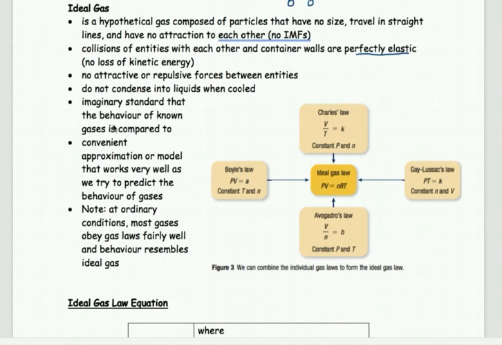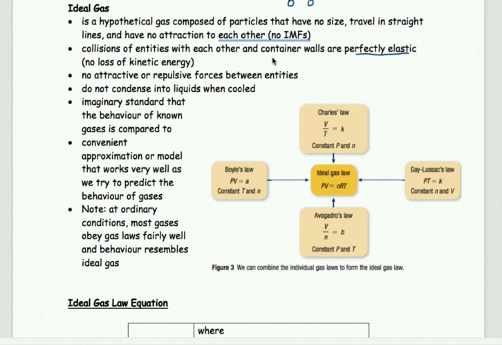It's going to be the standard condition that we're going to compare actual gases to. This imaginary gas works really well, because you can predict what gases will do using this model. It's a close approximation of how gases will actually behave, even though we're making it so that there's no energy loss, no attraction and so forth.